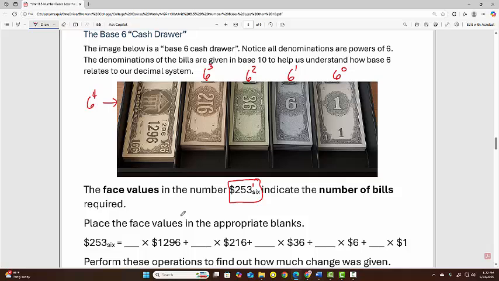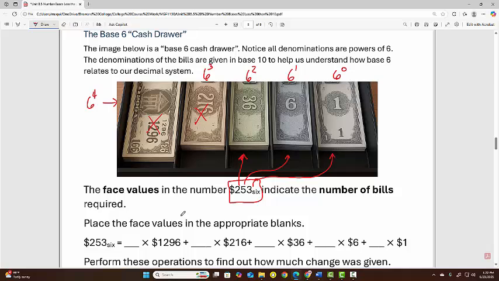The 3 is in the farthest position to the right, so it's going to correspond to the $1 bills. The 5 is in the next position over, so it's going to correspond to the $6 bills. And then the 2 is the next position over from that, so that's going to be the $36 bills. We don't have a 4th and 5th digit, so we are not going to use these bills.